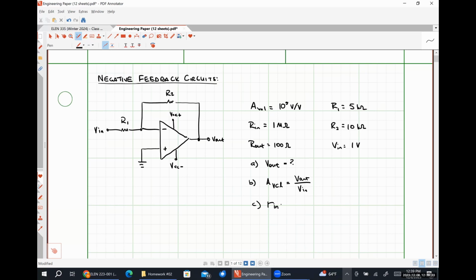We're going to figure that out by taking the ratio of our input voltage to the current leaving the positive polarity terminal of our input voltage. I'm going to call this particular current Iin, so that we can define Rin as the ratio of Vin divided by Iin.